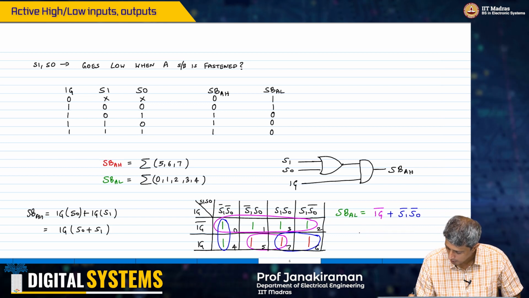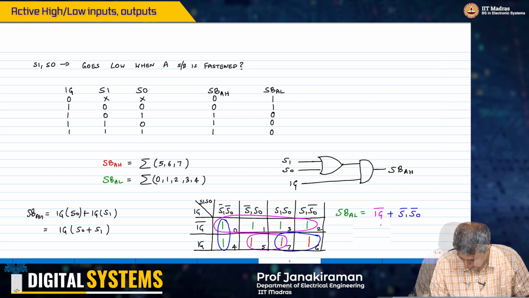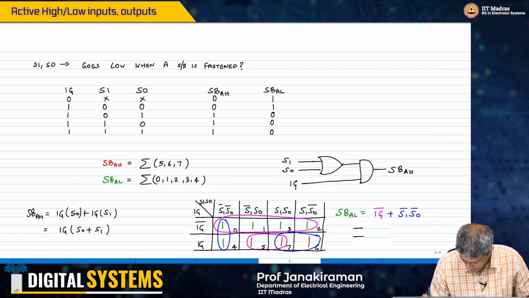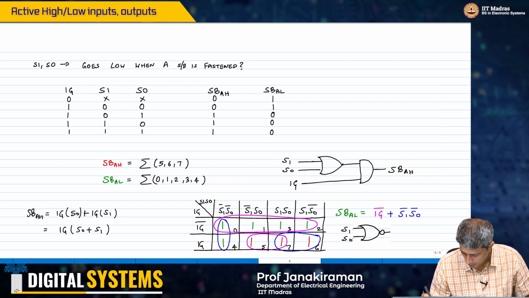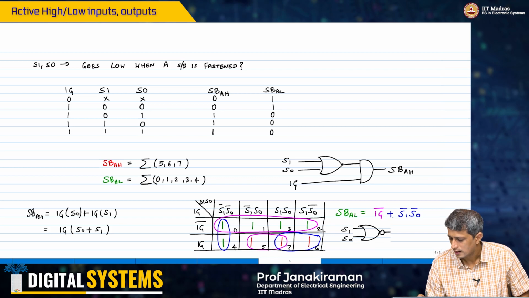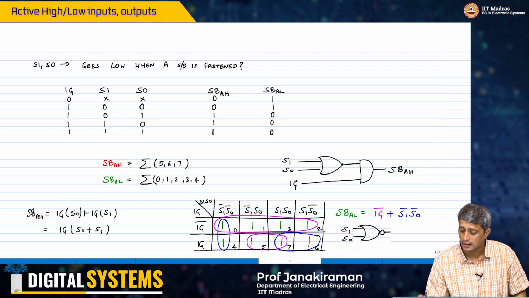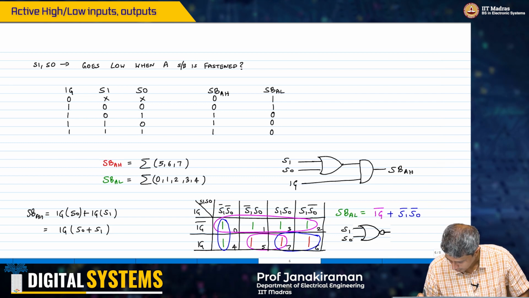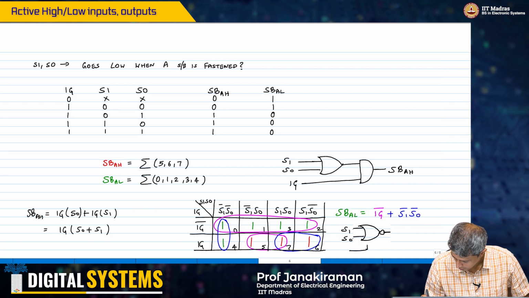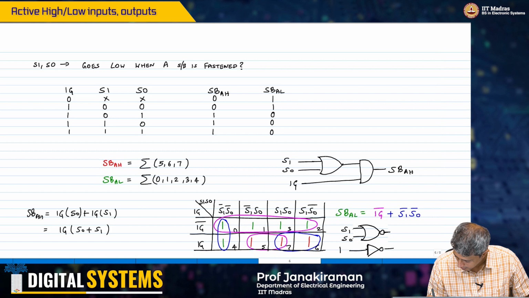So one way to implement this is to simply put the NOR here, S1 S0, right? And then we are looking at, yeah, this is not so obvious. So you invert IG, and you put an OR gate.